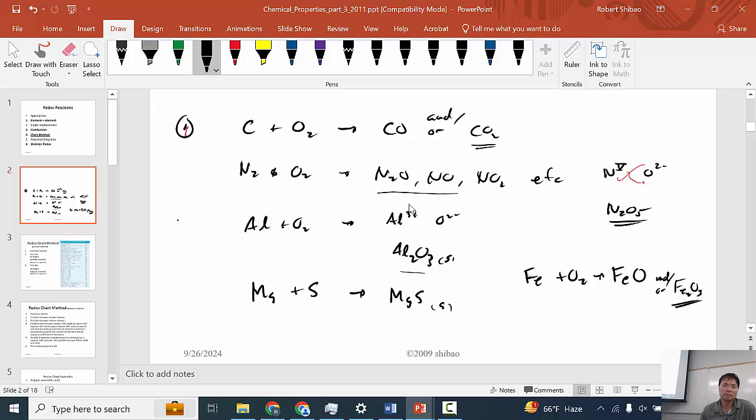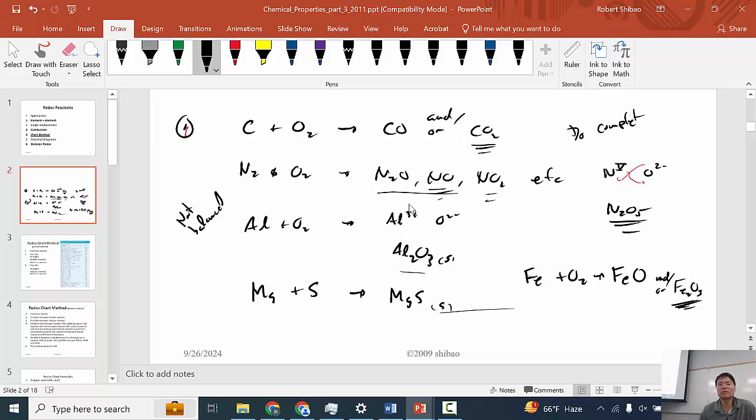These are not balanced. And so typically, to avoid this confusion, we're just going to do complete oxidation. However, nitrogen doesn't like complete. Nitrogen likes to form NO, maybe NO2. Yeah, N2O5, it doesn't go that far. Iron likes to go all the way to rust, Fe2O3.